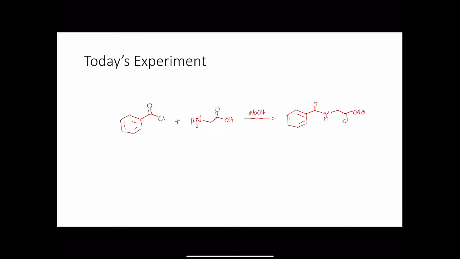So let's take a little look at the mechanism of how this particular reaction will work, okay? So if we have an acid chloride, right, it has an electrophilic carbon because of the oxygen and chlorine, right? And we have glycine, which has a primary amine and a carboxylic acid, okay? So if we're exposing both of these to sodium hydroxide, you have to be kind of careful about where the sodium hydroxide comes into play, because the pKa of that carboxylic acid is around 5, right?